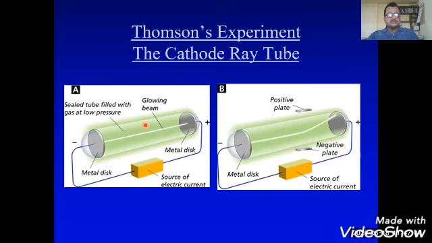And when the pressure was reduced to around 10 to the power of -4 atmosphere, then invisible rays traveled from the cathode towards the anode, and these rays could cast the shadow of any metallic object placed in their path. So if you put an iron ball somewhere here, then you will find the shadow somewhere here. That means rays are traveling from the cathode toward the anode.